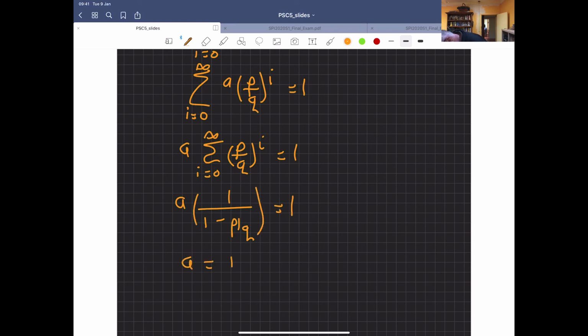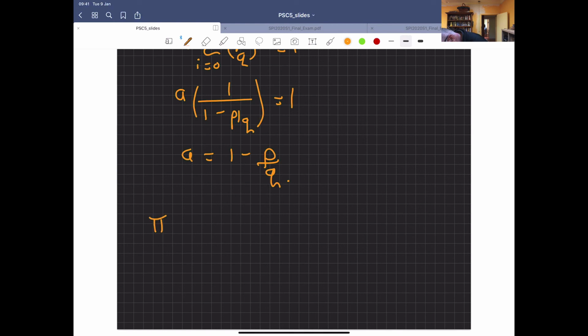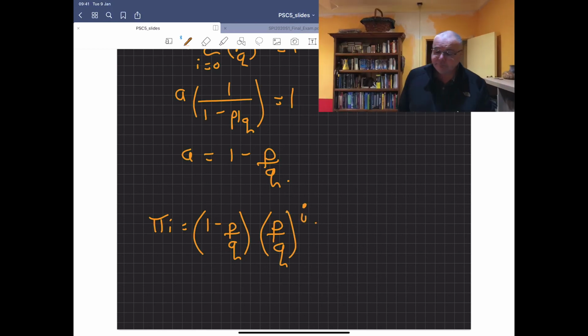And so A equals 1 minus P over Q. So our final solution is pi I equals (1 minus P over Q) times (P over Q) to the I. And that's it. There's more than one method of doing this, but there's a nice simple method using what we call a difference equation. Okay, that's all of it. See you next time.